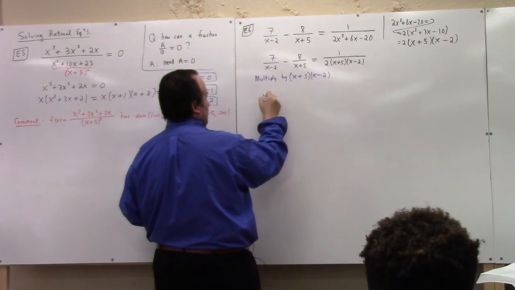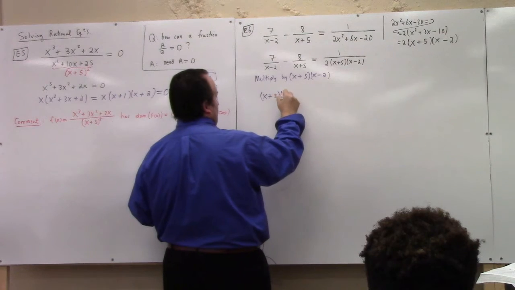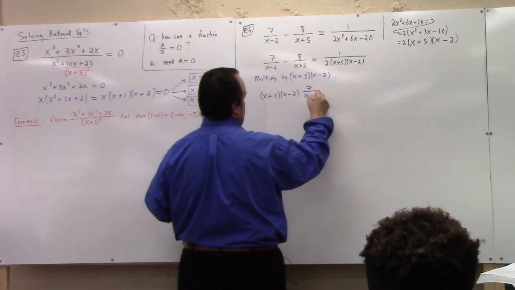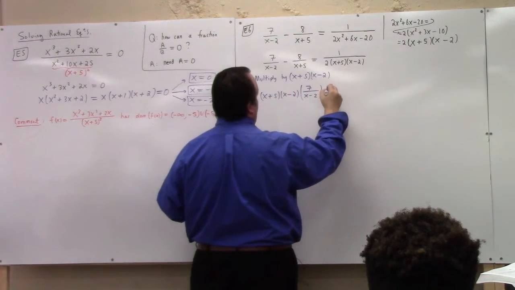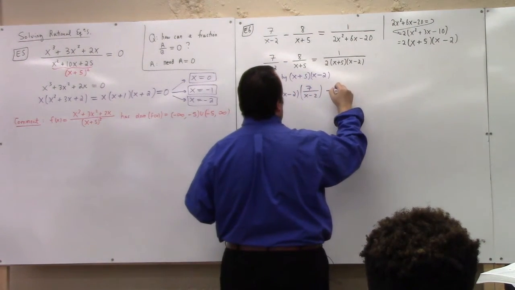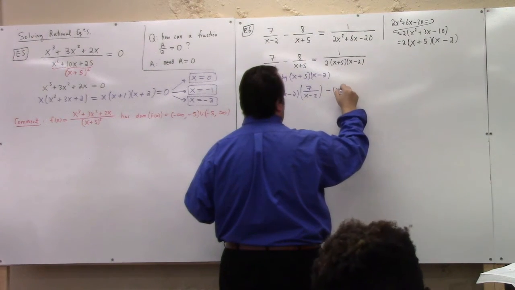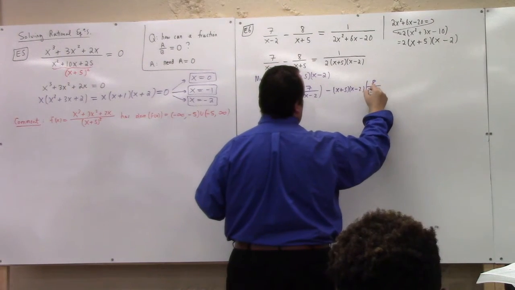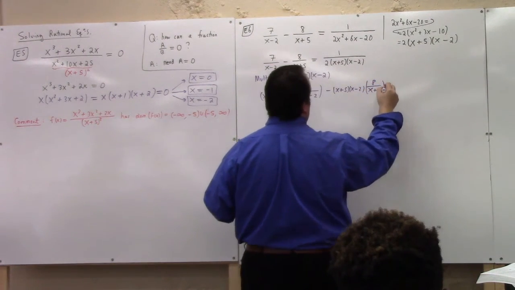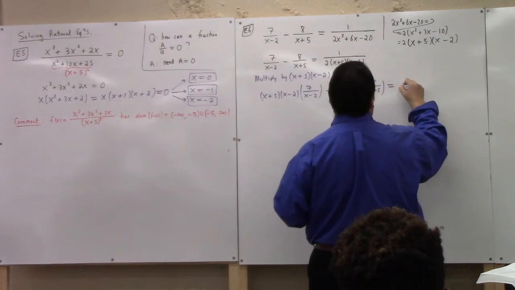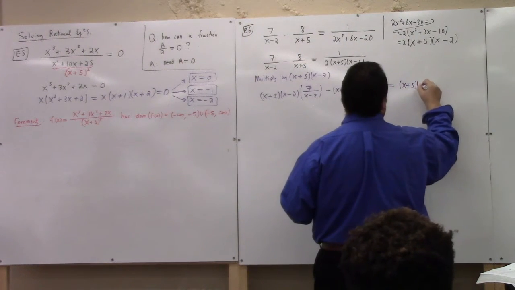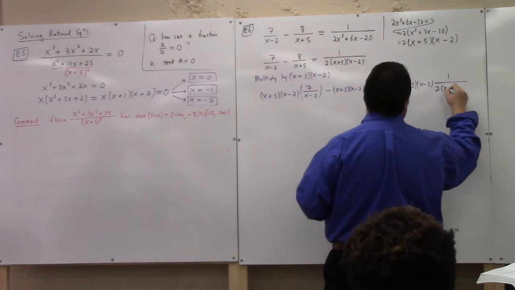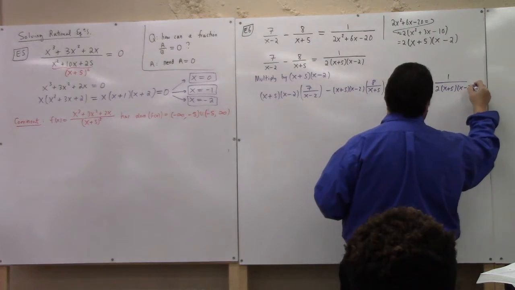So we have x plus 5 times x minus 2 times 7 over x minus 2, minus x plus 5 times x minus 2 times 8 over x plus 5, is equal to, again, multiplying the whole thing by this quadratic.